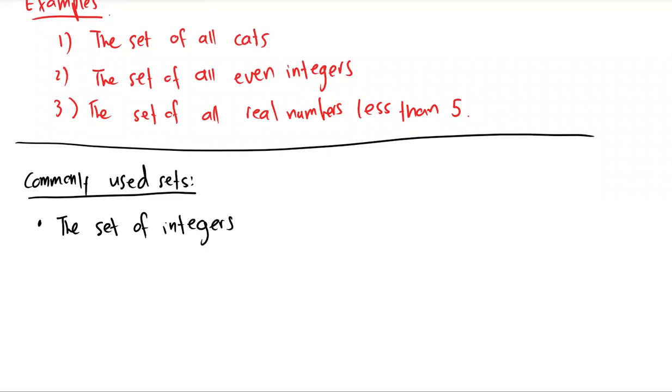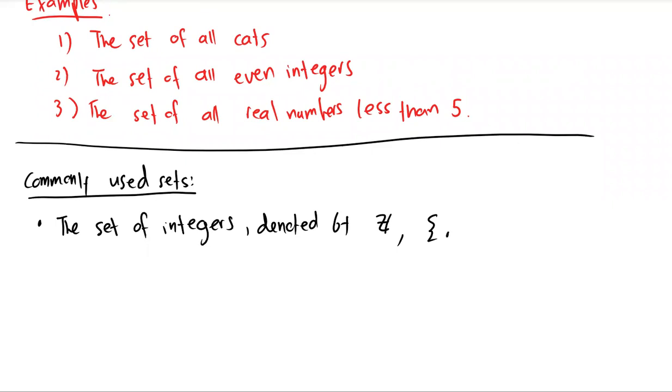The set of integers is usually denoted by, and this is going to be a little bit weird, think of drawing a capital Z with an extra line going from the top to the bottom. So the set of integers is denoted by Z. If you can list the elements of the set, you do it like this: you open brackets and list the elements.